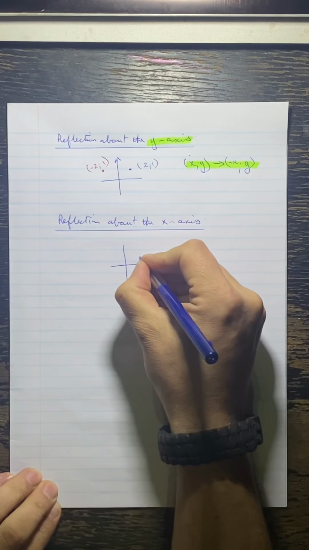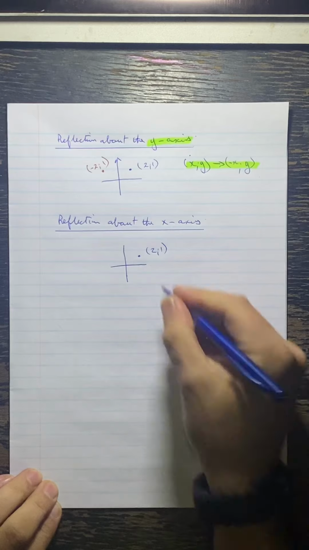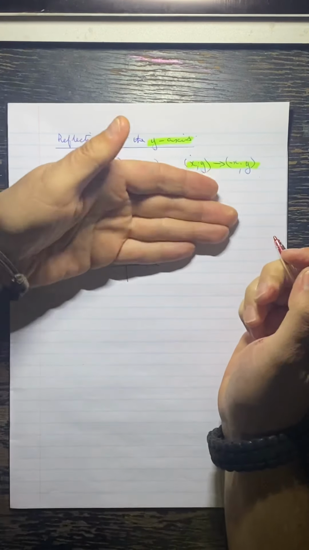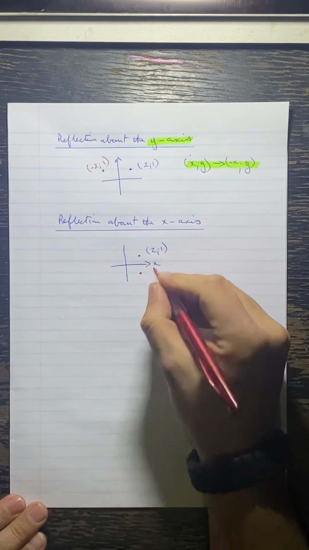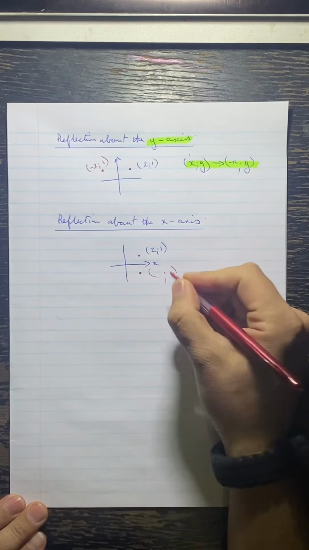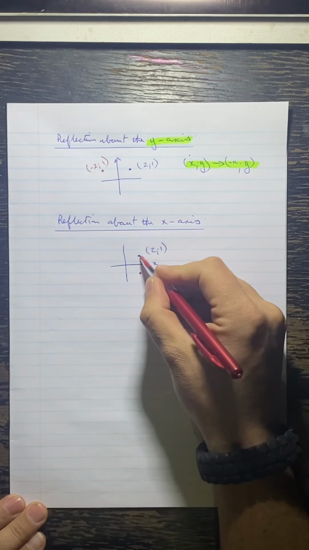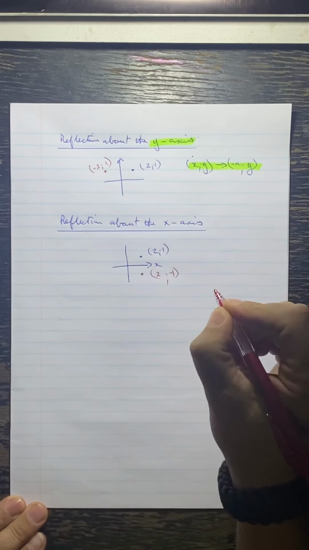So if we take this point here, (2, 1), and now we reflect it about this axis here, the x-axis, you can see that if we flip it like that, this point will now come over here. And let's see what's happened. So you can see that the x value hasn't changed. It'll still be 2. But now what's happened to the y value? It's now gone from 1 to minus 1.